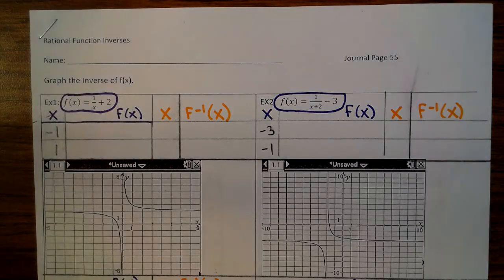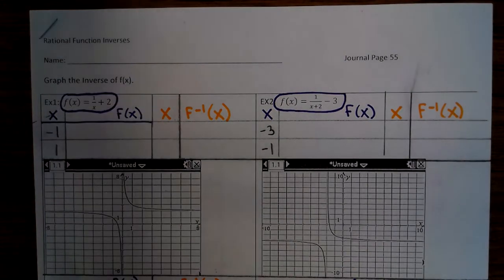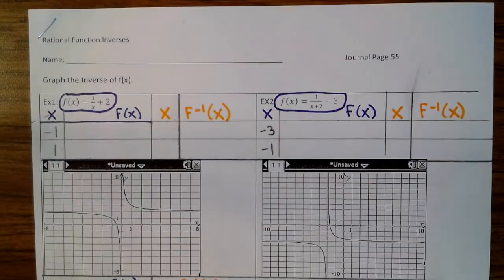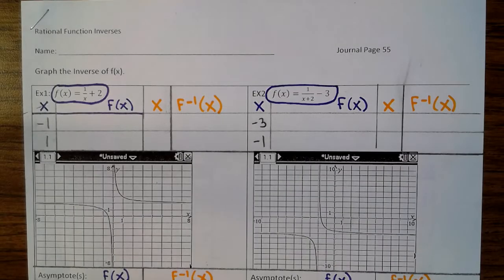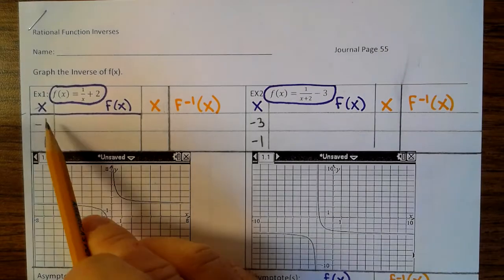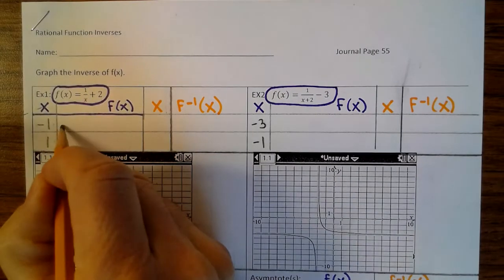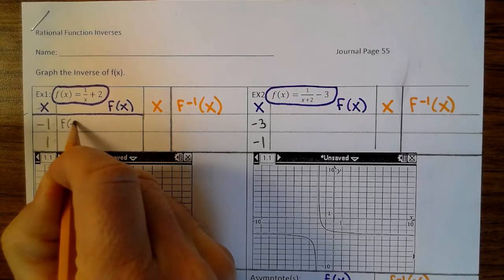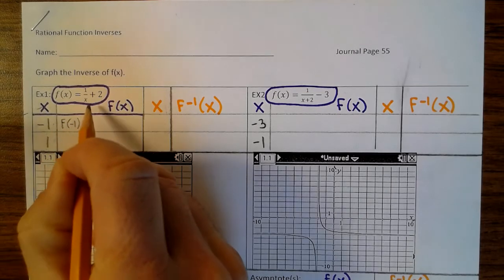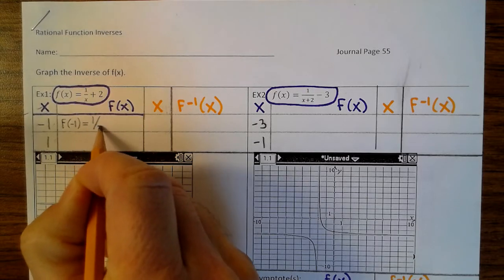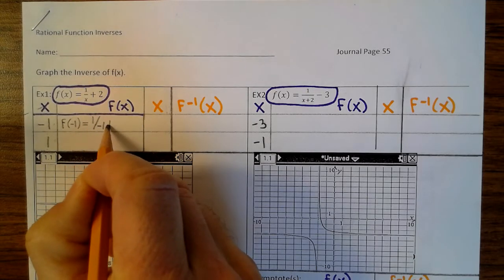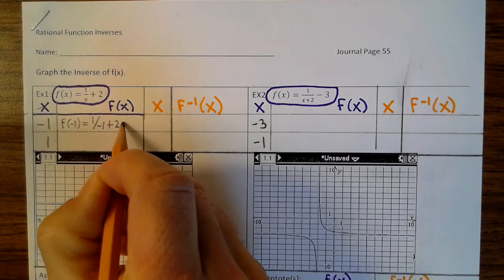All right, so I'm going to graph the function in purple, and I'm going to graph the inverse in yellow. Okay, so we're going to use some x values, and I'm going to use -1 and 1. So f of -1, that means I'm substituting -1 in for x, so that's 1 divided by -1 plus 2.